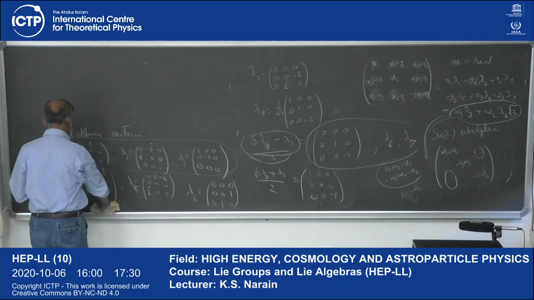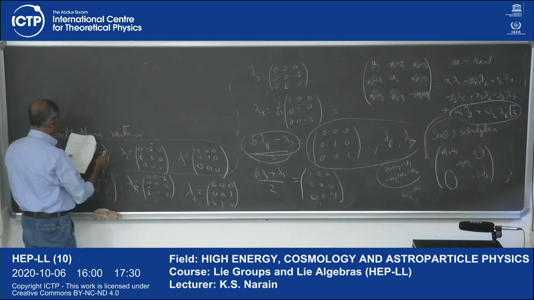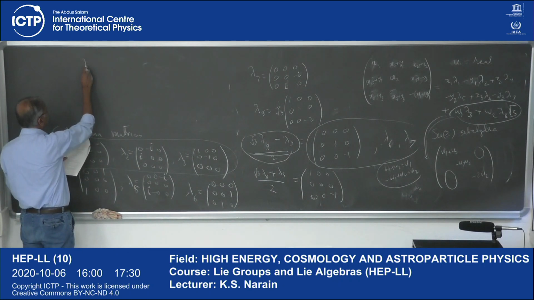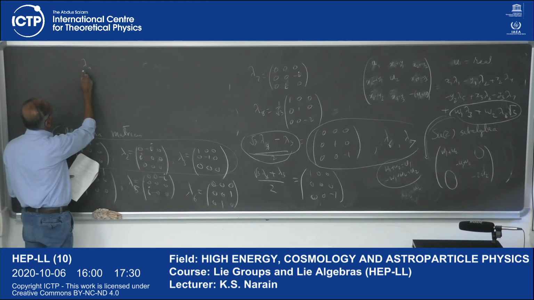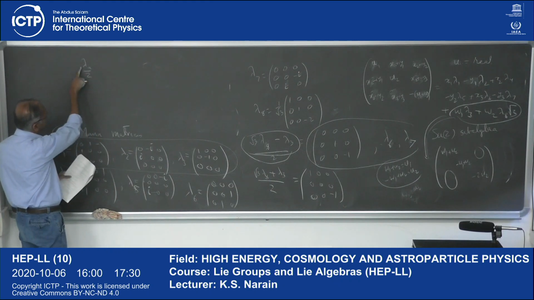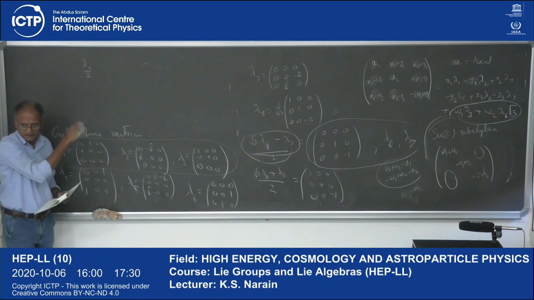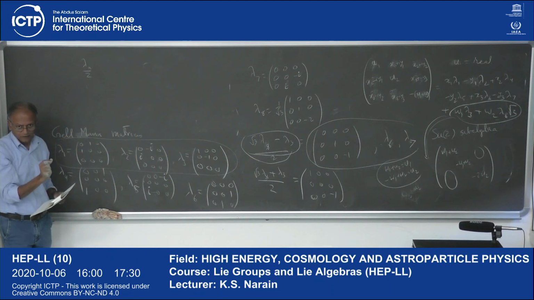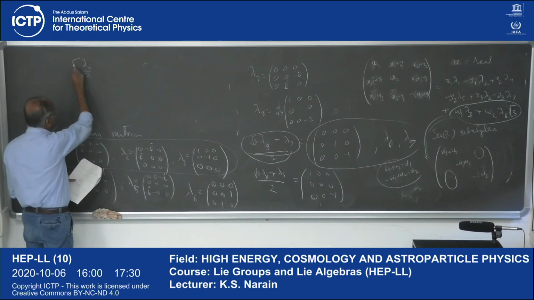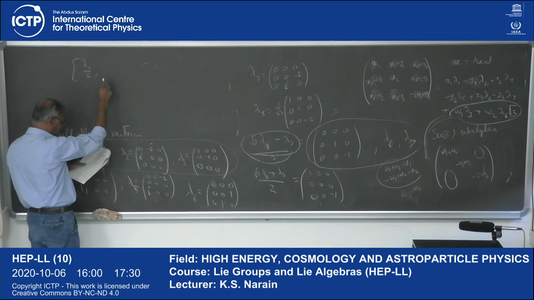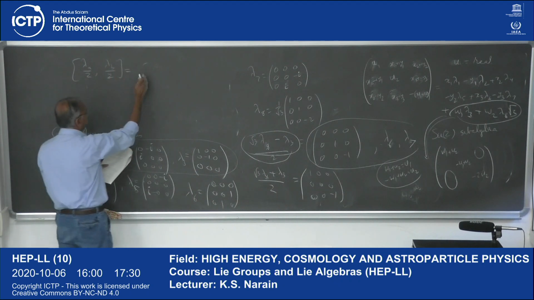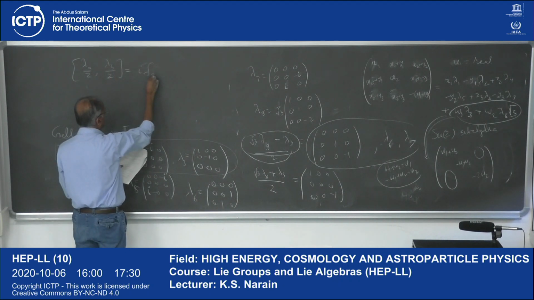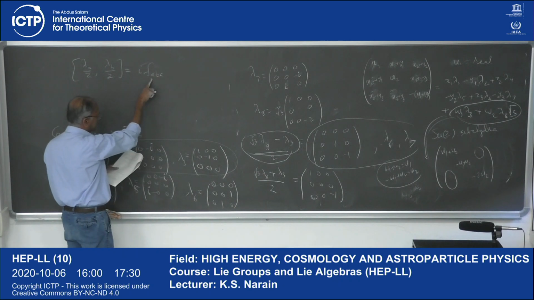Try to prove this statement. Now look at the commutators of these, because after all, we need to know what the commutators are. So lambda A over 2, again, just like sigma over 2, we always found it more convenient to use sigma by 2. So I'll just take lambda A by 2, lambda B by 2, and the commutator is some i times f ABC, not epsilon ABC anymore.